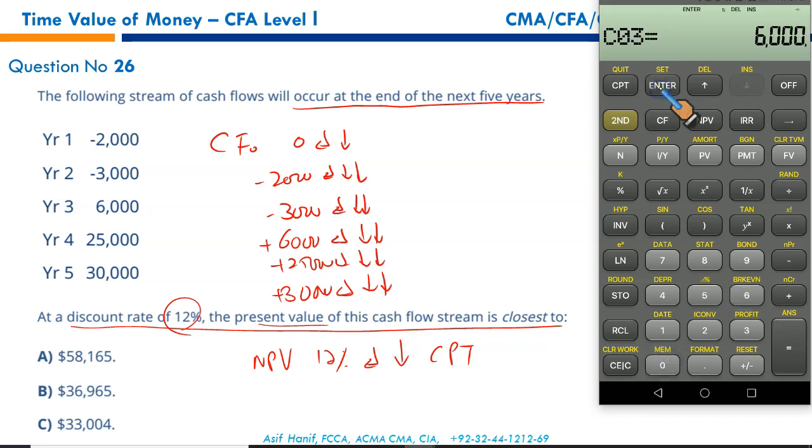It's a single cash flow, so double down arrow, then 25,000, enter, double down arrow, and then we have 30,000, enter, double down arrow, and you need to press the NPV. Interest rate is 12%. I hope we get the right answer.